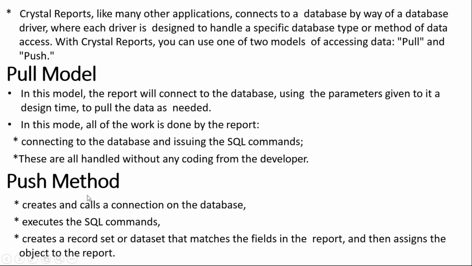The second one is pure automatic creation of Crystal Report. But let me tell you one thing here: in the real world, we use a combination of push as well as pull model, because we cannot directly rely on any one of these methods. We need to integrate both methods while creating a successful and very interactive Crystal Report.